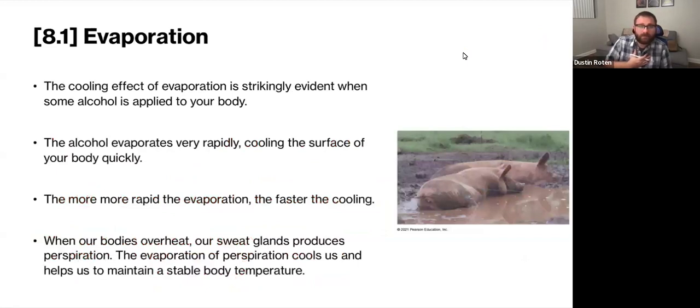But let's keep moving on with evaporation here. So you get the idea that it's essentially a cooling process. If you've ever put alcohol on a cut or something, alcohol evaporates quickly. So you'll notice alcohol will feel really cool on your skin. So that tells us essentially that the more rapid the evaporation, the faster the cooling.